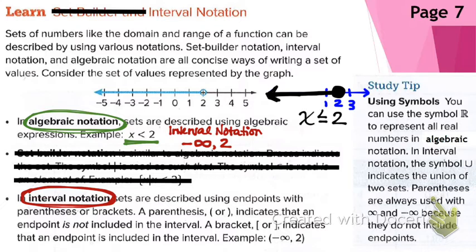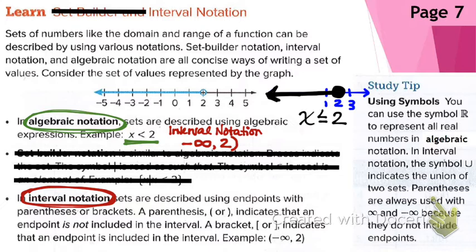My interval notation on the outside of this either uses parentheses or these little square brackets. Here's how I decide which one it gets. If it is an open dot like this, so if it does not have the or equal to, I'm going to use a parenthesis there. So there's an open dot at the 2.